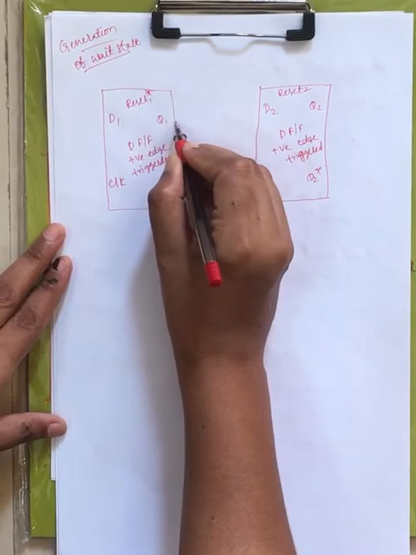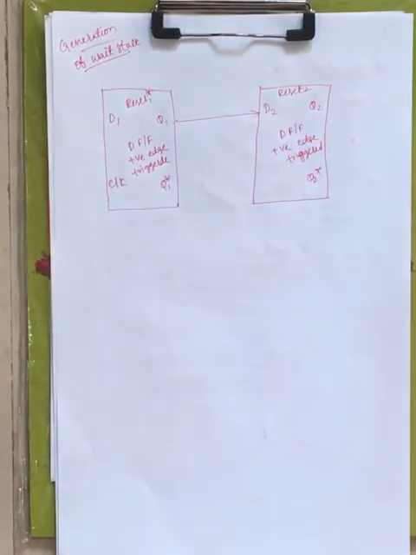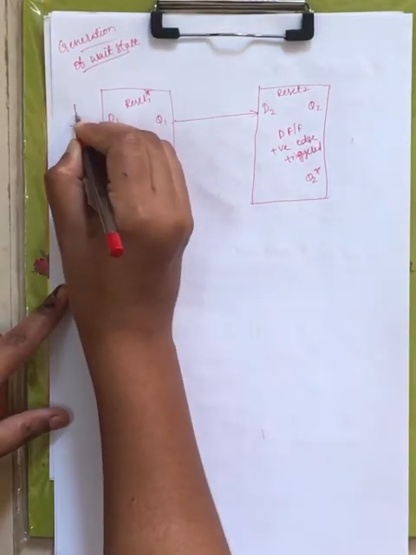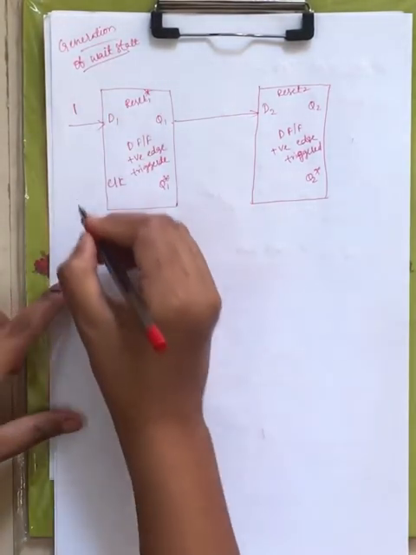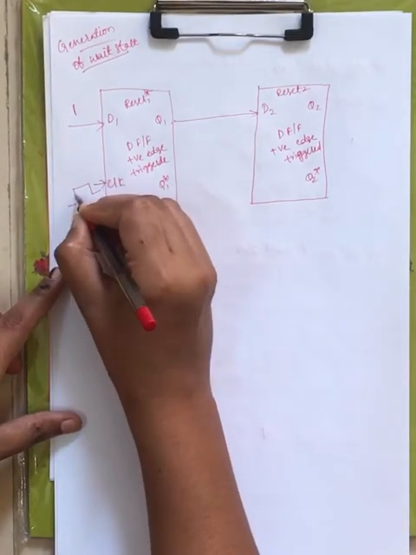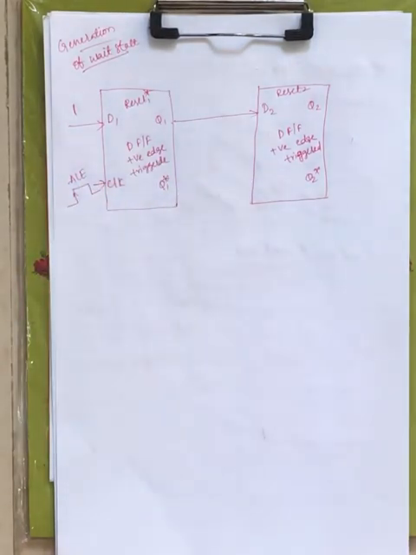Now Q1 of the first flip-flop is connected to D2. Here we are connecting it as active high, that is 1, and the clock is the ALE signal. To the clock we are connecting ALE of the 8085, the address latch enable signal.